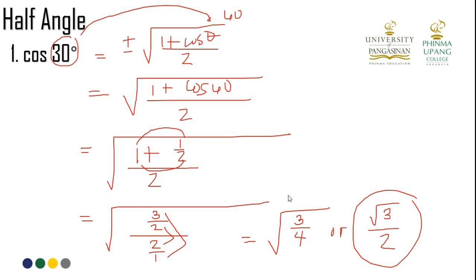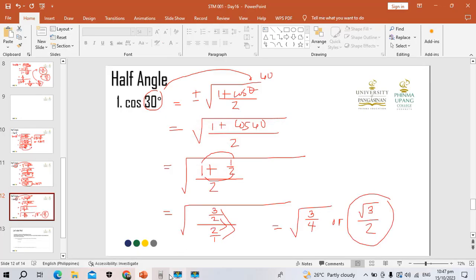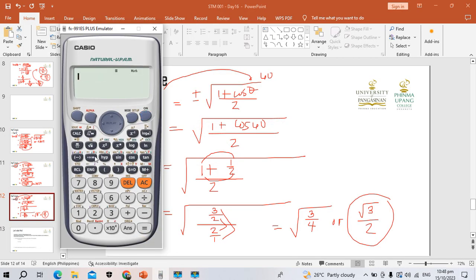So, try natin sa calculator kung tama. So, magiging sa decimal niya is 1 plus cos 60 degree. Ay, nakalimutan ko na naman. Magiging fraction pala. So, 1 plus cos 60 degree all over 2. Oh, same lang yung sagot, guys. So, square root of 3 all over 2.